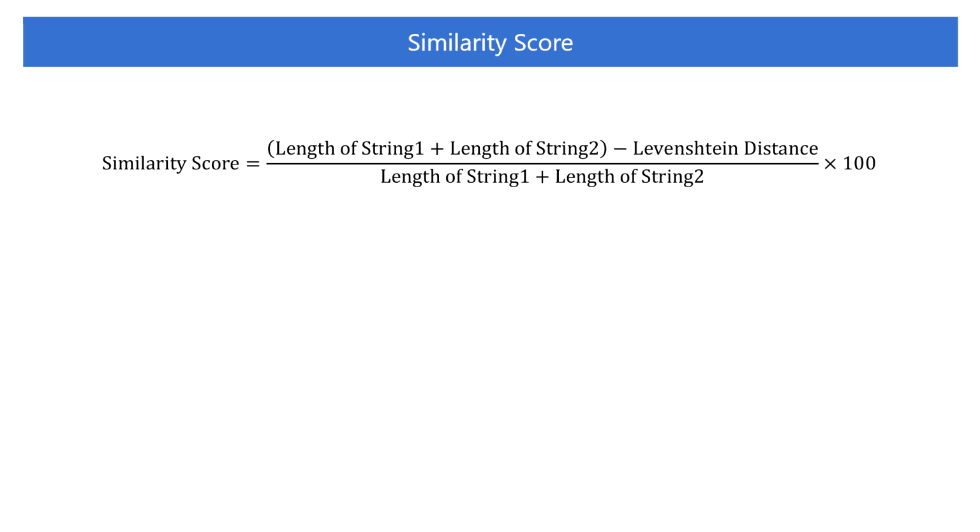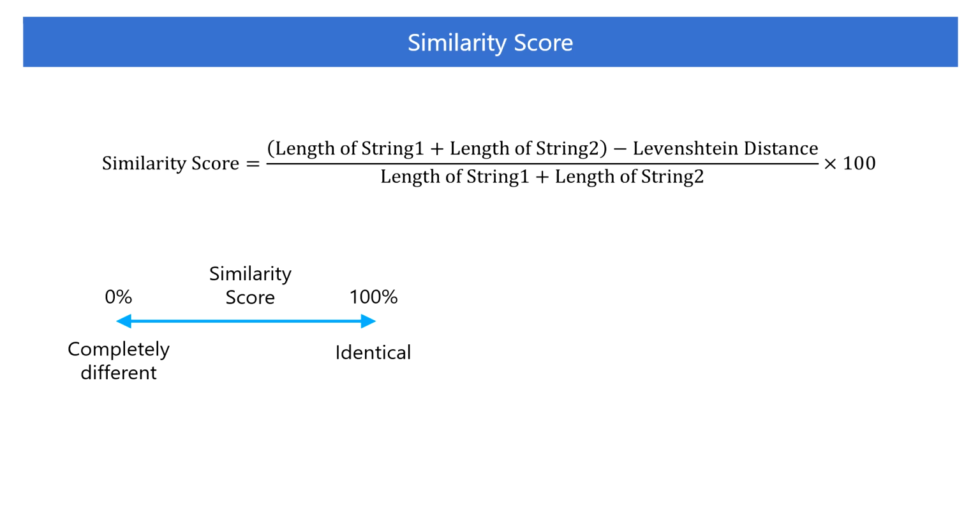Using the Levenshtein distance, we can quantify the similarity between the two strings. The similarity score between two strings can be calculated by this formula. A similarity score of 0% means the strings are completely different.